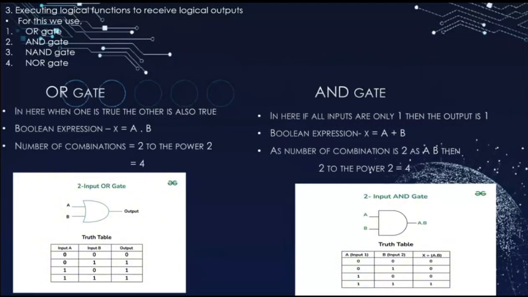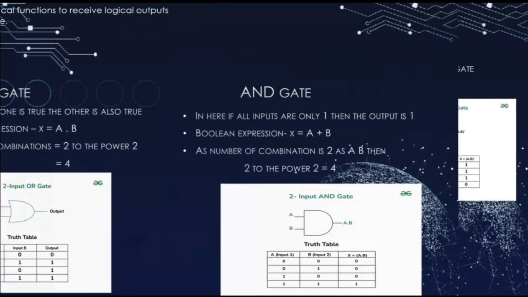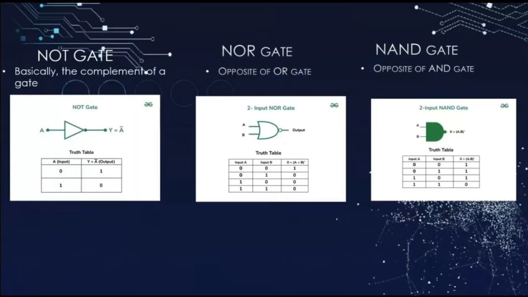The Boolean expression is given and the combination is AB, then 2 to the power of 2, same as the OR gate. NOT gate is the complement of a gate. NOR gate is the opposite of the OR gate, and NAND gate is the opposite of the AND gate.